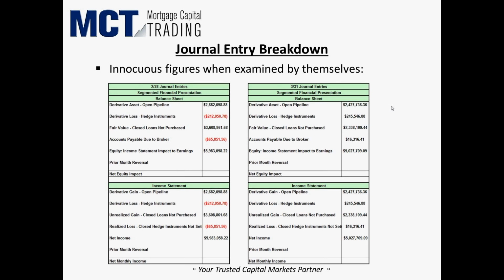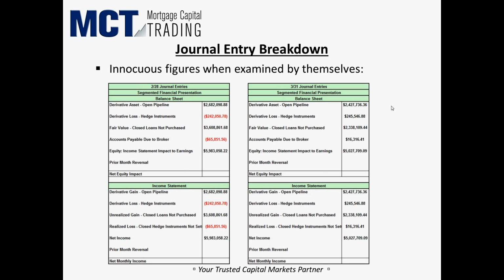So looking at a journal entry breakdown here, this is from an actual client from 2/28. Just looking at the month-end mark-to-market journal entries for end of February versus end of March.